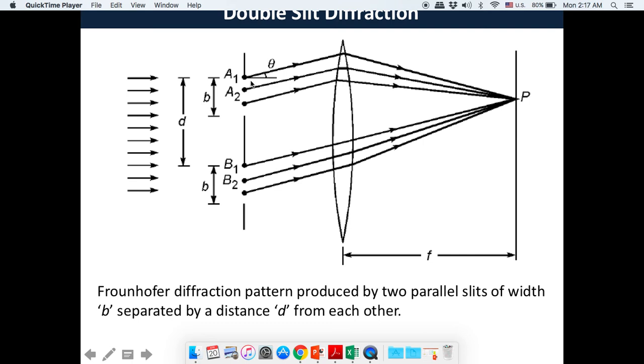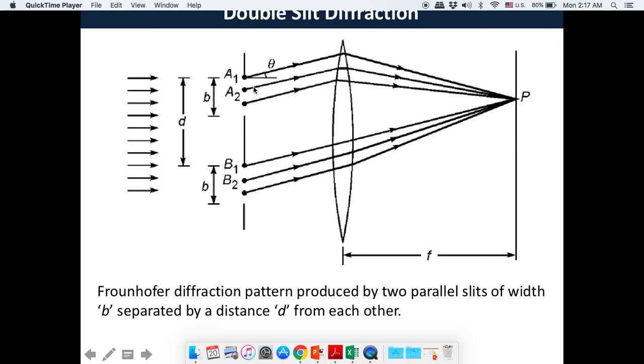Let the point sources A1, A2, A3 and so on in single slit and B1, B2, B3 and so on in second slit. Assume the distance between A1 and A2 is delta. So A1A2 is equal to delta.